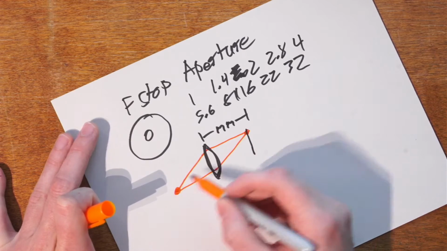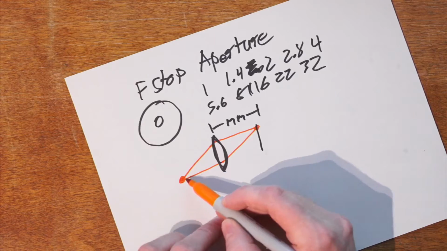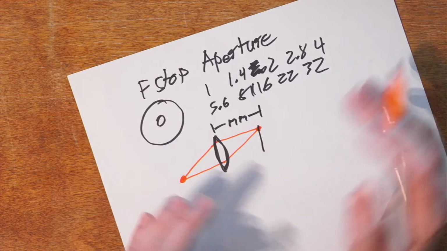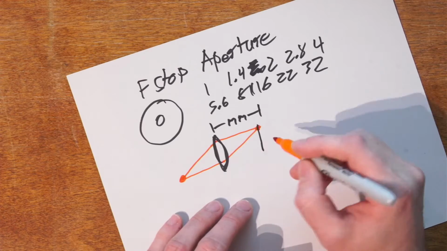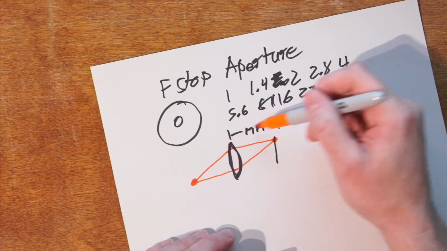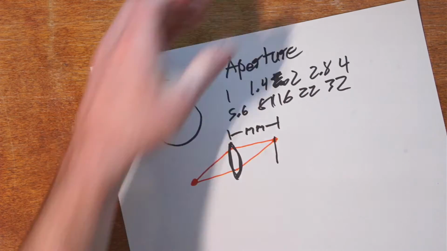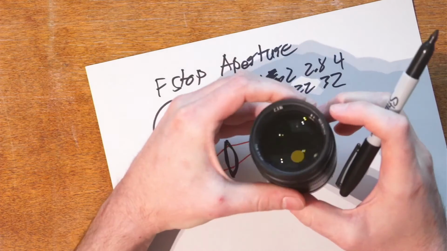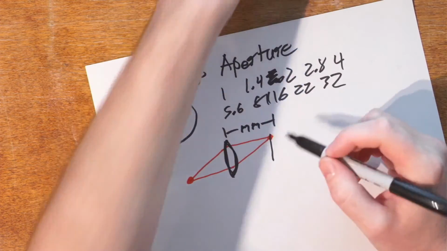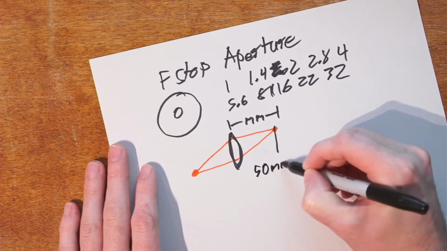An infinitely small point at infinity distance comes through the lens and is resolved down to a theoretically infinitely small point on the sensor. Wherever that happens, that determines this distance. So in a lens like this one, this is a 50 millimeter lens. So this value here is 50 millimeters.